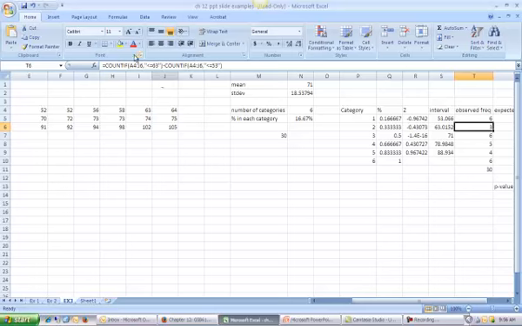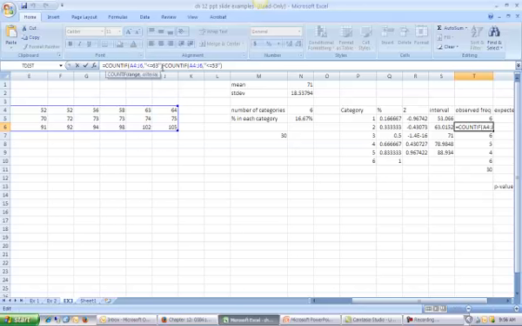So notice when I'm calculating the number of observations, it's count if it's less than or equal to 63 minus those 6 that were already less than or equal to 53. Okay? So for these intermediate categories, it's always going to be count if the value is less than or equal to the interval value that you get minus count if less than the previous interval.